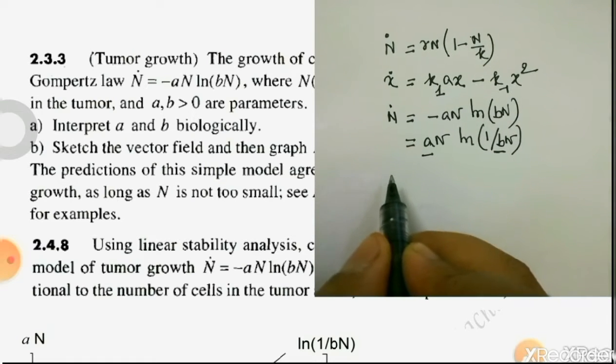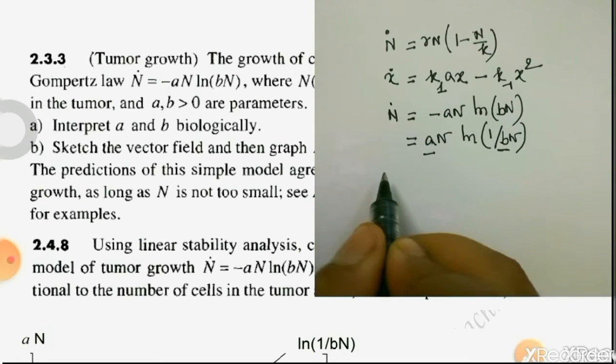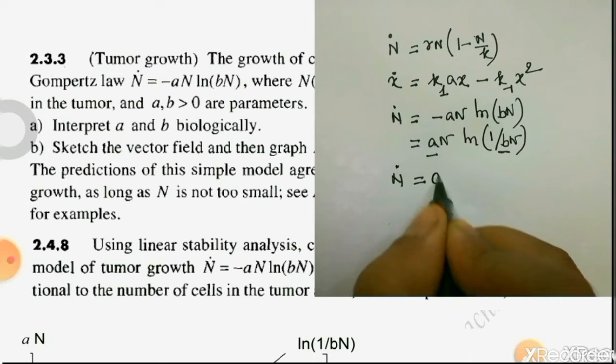Now, we will find out the fixed points. For fixed points, we have n dot is equal to 0.